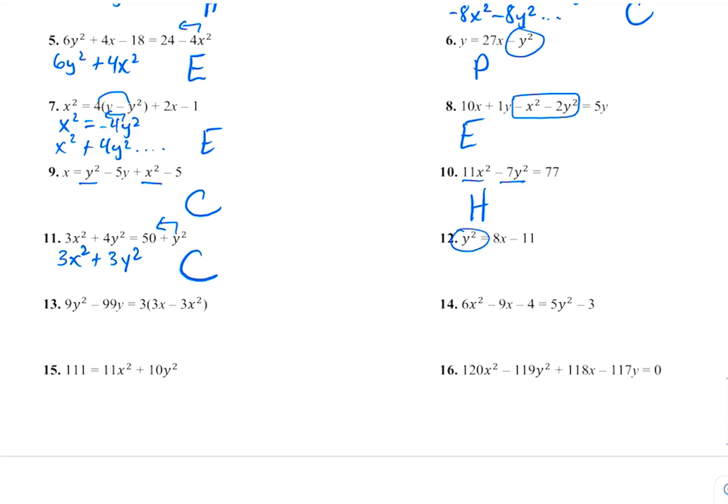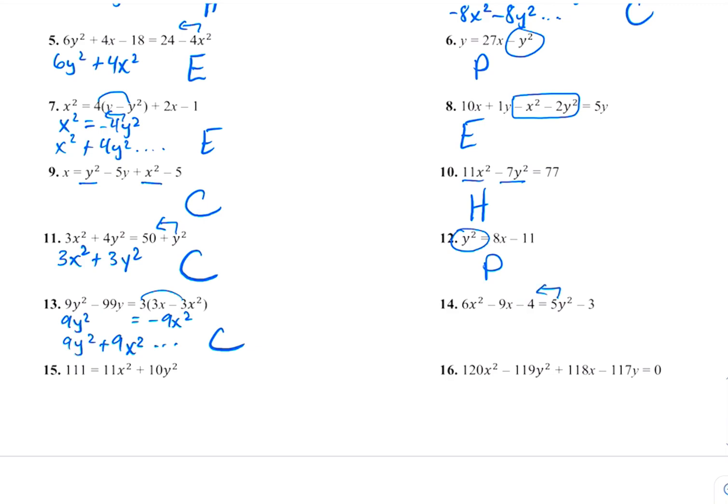12, I only have the one squared term, so parabola. Here I'm going to distribute, so I'm looking at a -9x squared. So I'm going to need to move one of them over, so I'm going to choose to add the x squared. So I'm looking at 9y squared plus 9x squared, and then my other stuff. So I have two positive square terms with the same coefficient, so that's going to give me a circle.